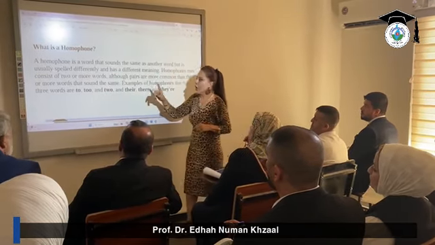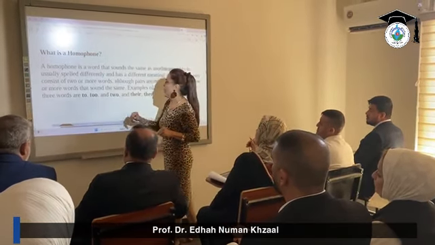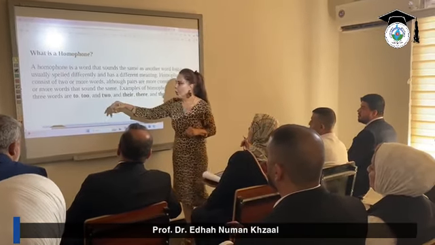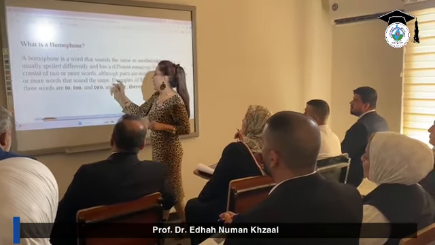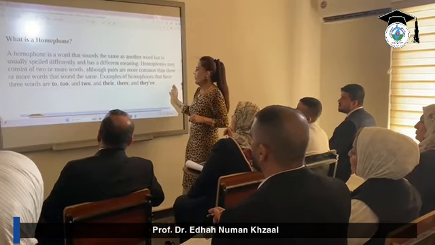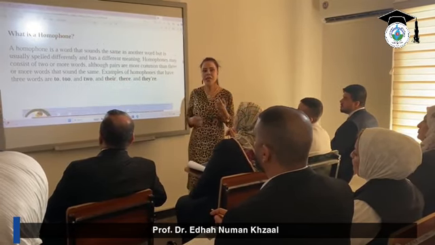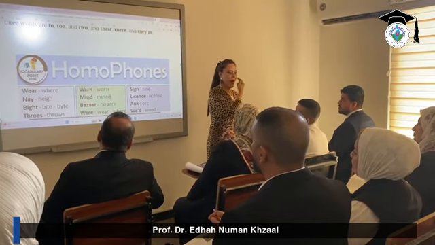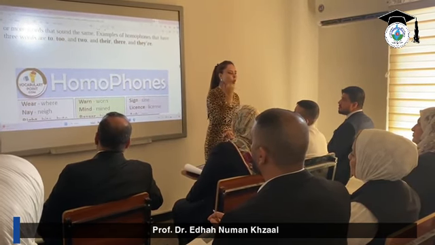Homophones may consist of two or more words, although pairs are more common than three or more words that sound the same. For example, when I say I, it means me, and when I say eye, it means the eyes that we can see or watch things with.